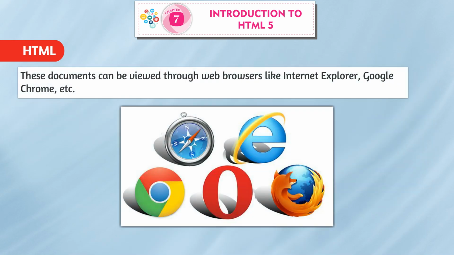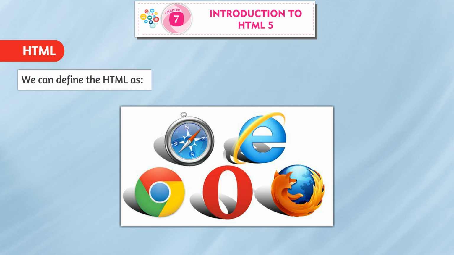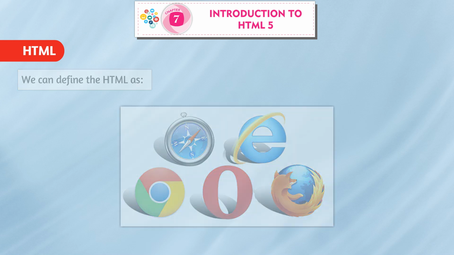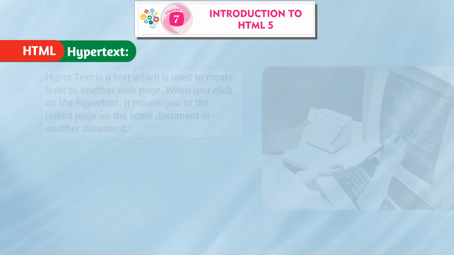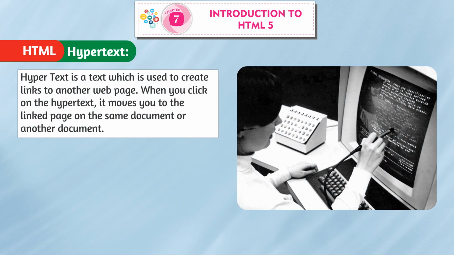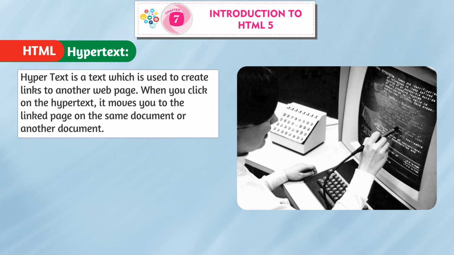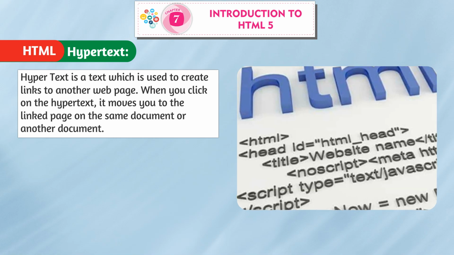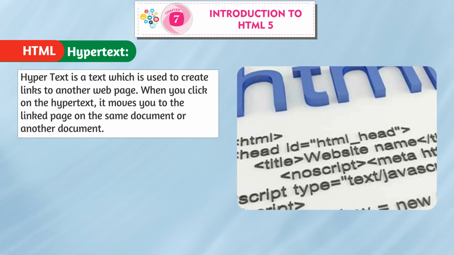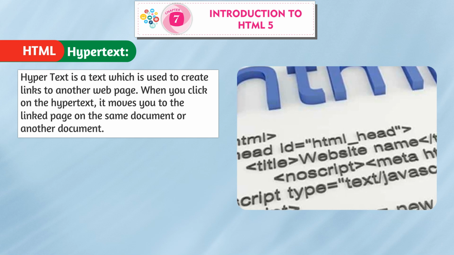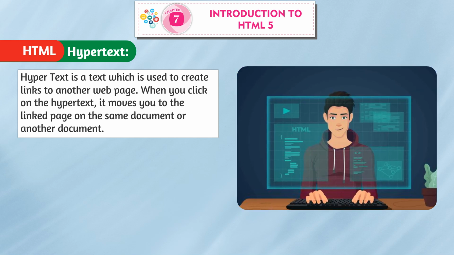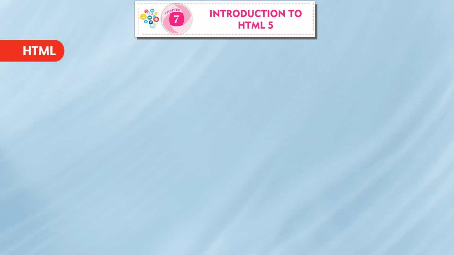These documents can be viewed through web browsers like Internet Explorer, Google Chrome, etc. We can define the HTML as hypertext. Hypertext is a text which is used to create links to another web page. When you click on the hypertext, it moves you to the linked page on the same document or another document.